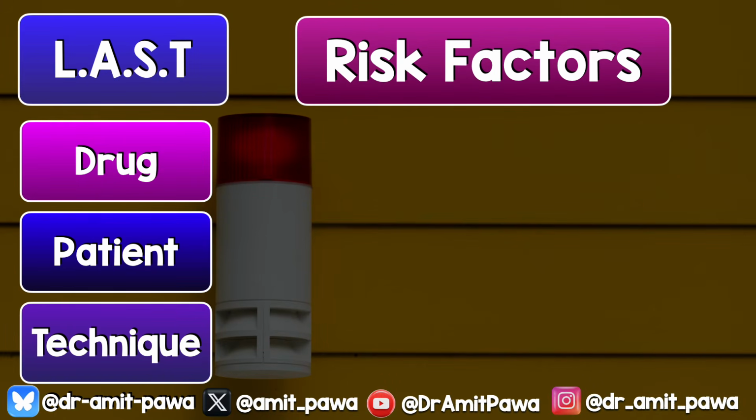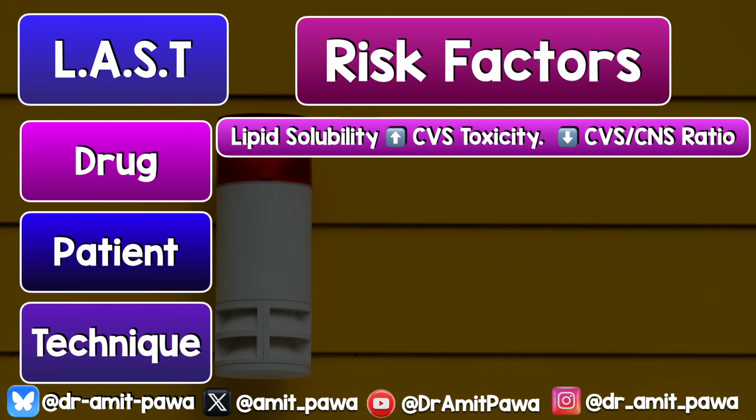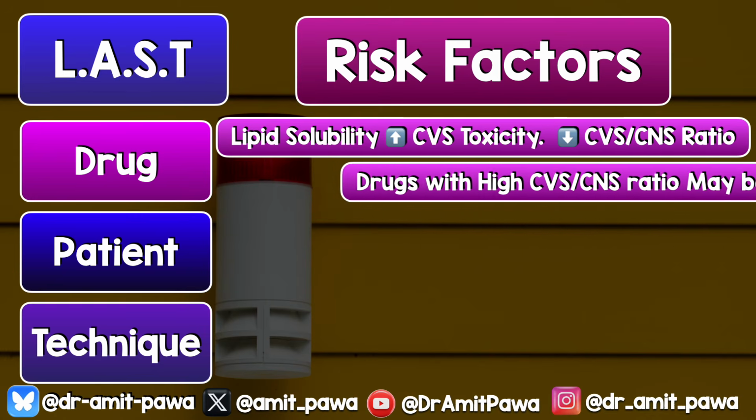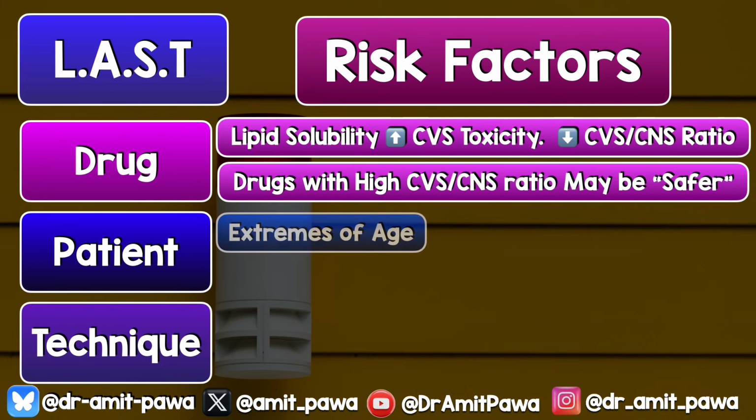What are the risk factors for local anaesthetic systemic toxicity? We can split these into drug, the patient, and the technique. So certainly, high lipid solubility is associated with a high cardiovascular toxicity and a reduced cardiovascular to CNS ratio. And drugs that have a high cardiovascular to CNS ratio may be safer because actually the central nervous system signs present earlier, giving you a warning that something's about to happen.